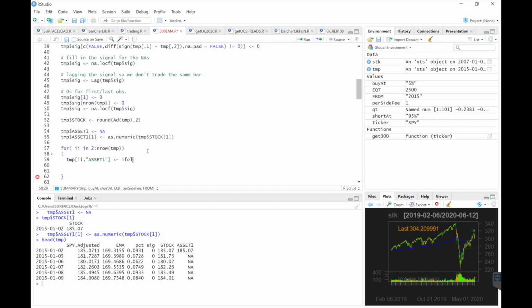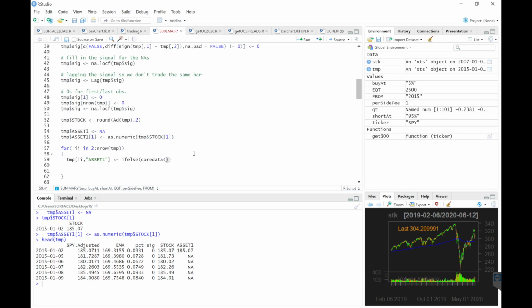Alright, so I'll use an if else. So here I'm going to compare the signals. So if the current signal is the same as the lag signal, I'm just going to bring this last price and carry it forward. If not, then I'll use the current price. So it'll change whenever the signal changes.